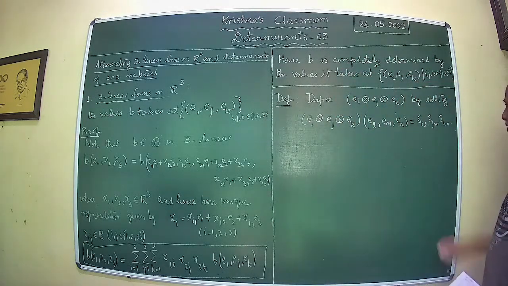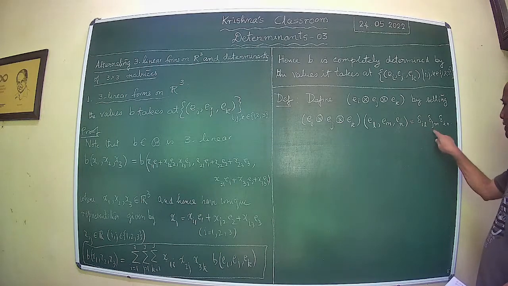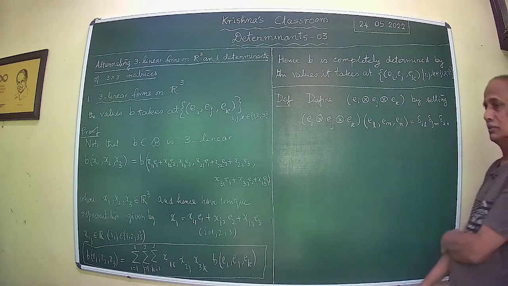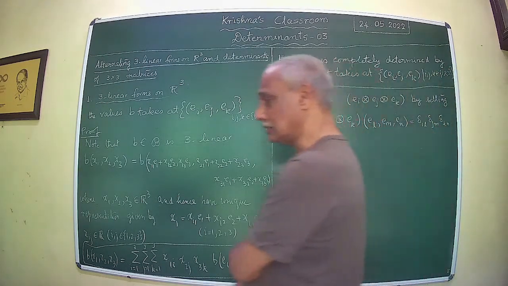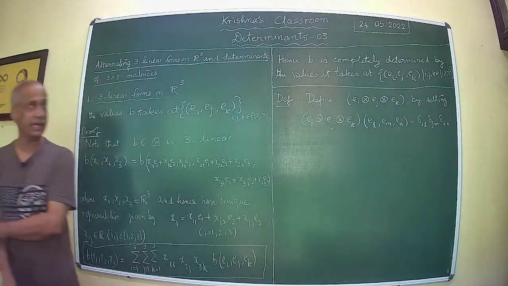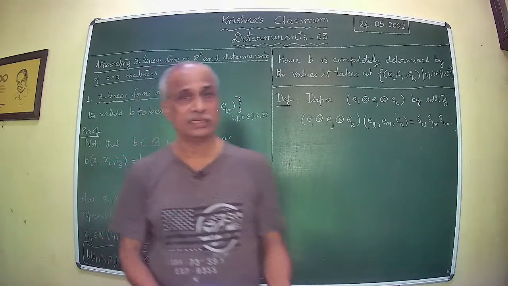So that's easy to check because you have to have 1 here. So i is equal to l, j equal to m, k equal to n. At all other points, e_i, e_j, e_k is 0.